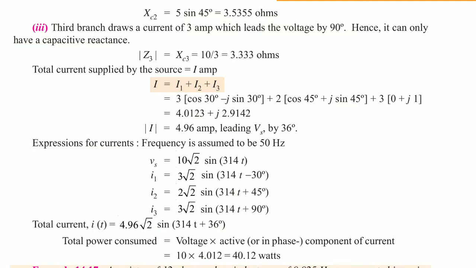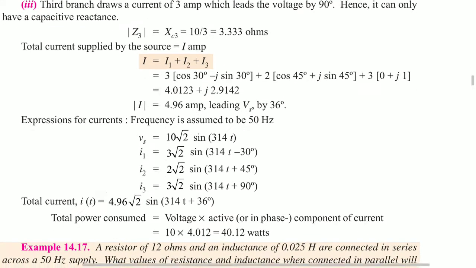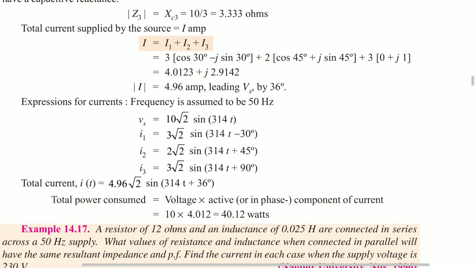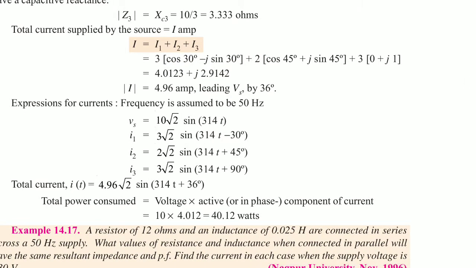Here the total current supplied by the source is I1 plus I2 plus I3. So go for the phasor or vector representation, adding the active components and reactive components to get the total current, or calculate directly.